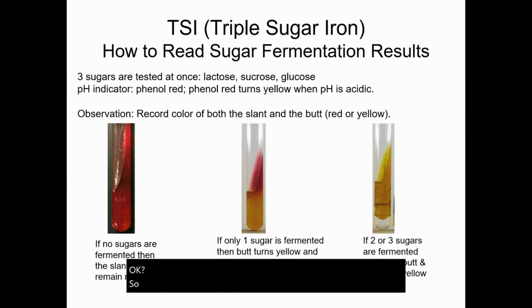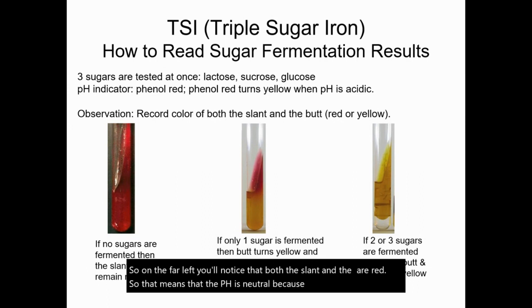So on the far left, you'll notice that both the slant and the butt are red. So that means that the pH is neutral because fermentation didn't happen. But if you look at the remaining two tubes, you'll see that there is yellow. So we know that at least one of those sugars is fermented.